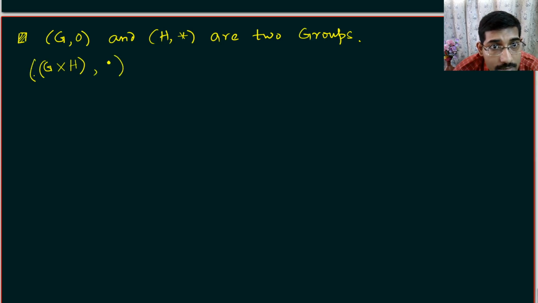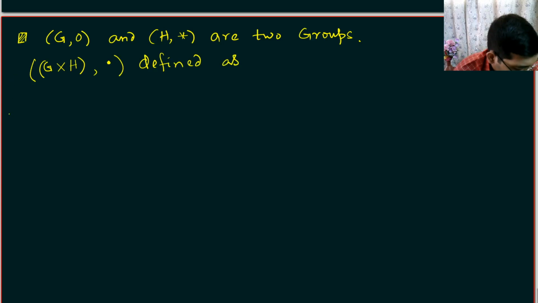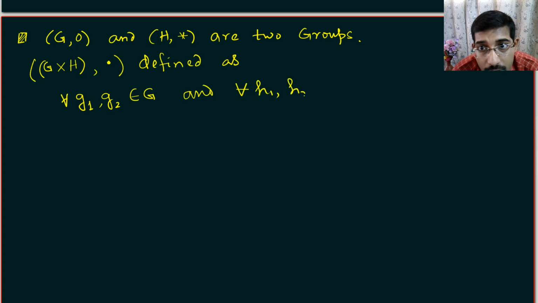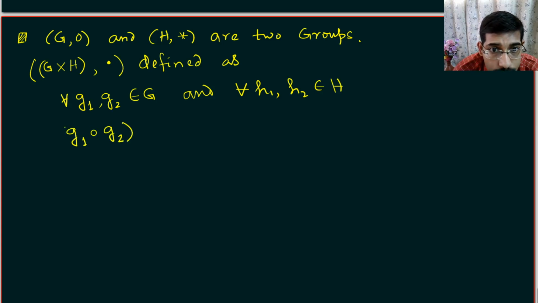I define this as, for all G1, G2 belonging to G, and for all H1, H2 belonging to H, the operation G1 operated with G2, H1 operated with H2.